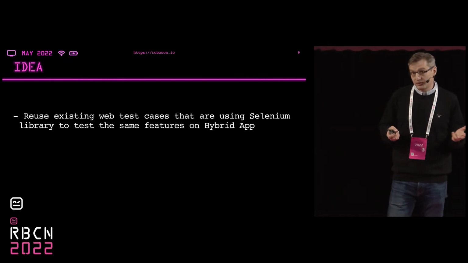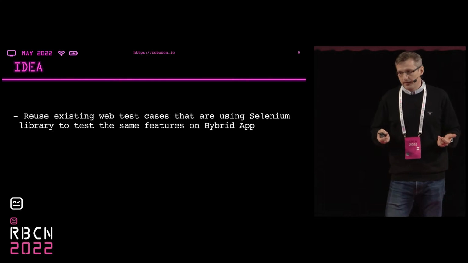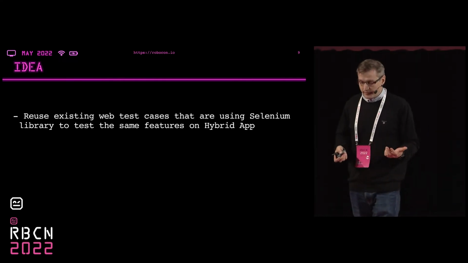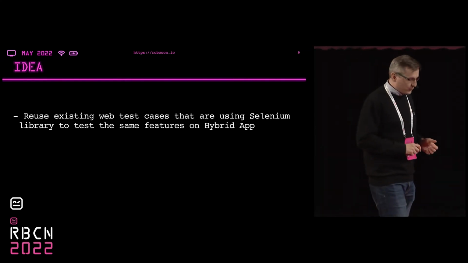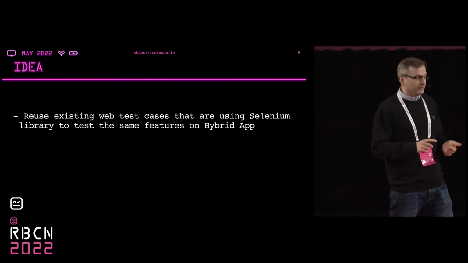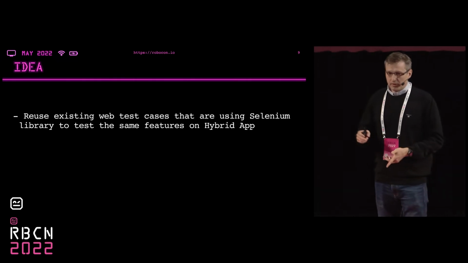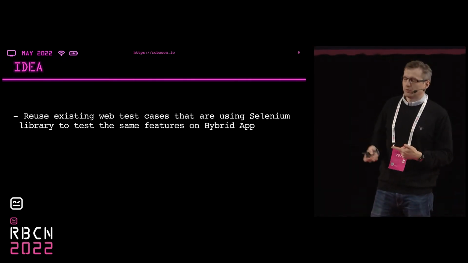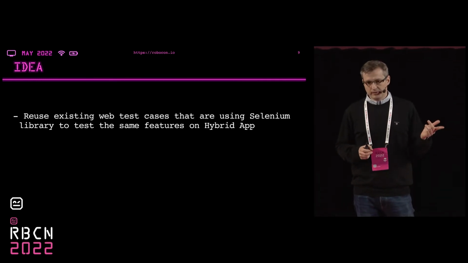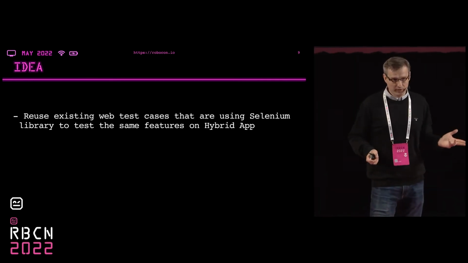It just needs to be started like a browser, and then you can proceed with testing. This approach would allow having just one testing library, to create one test case that would run on both web and HybridApp at the same time without any modifications.